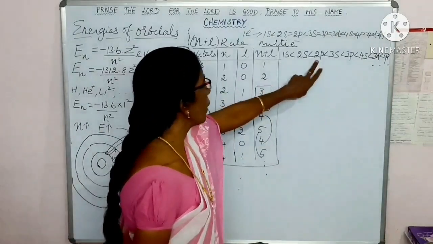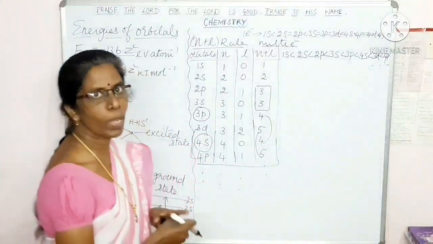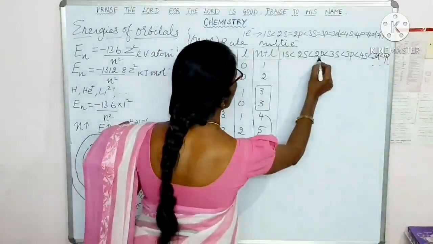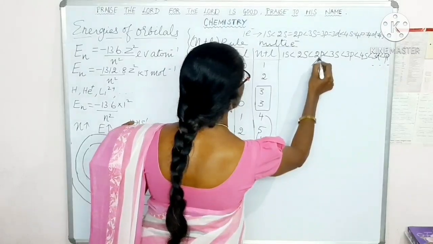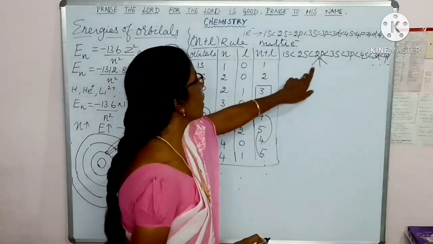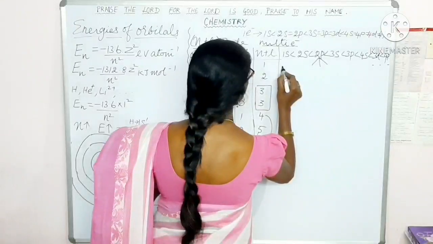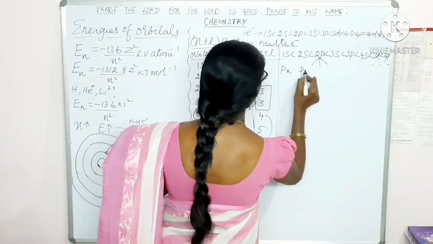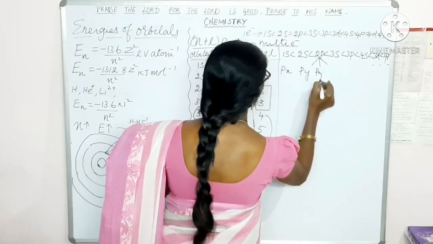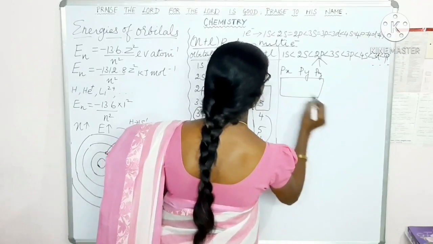But in the case of p, electrons will be oriented in 3 different directions called x, y, z. So for the p orbital, you have 3 orbitals. So you may get a question whether there will be any energy difference for the p orbital. You have Px, Py, Pz for this p orbital.